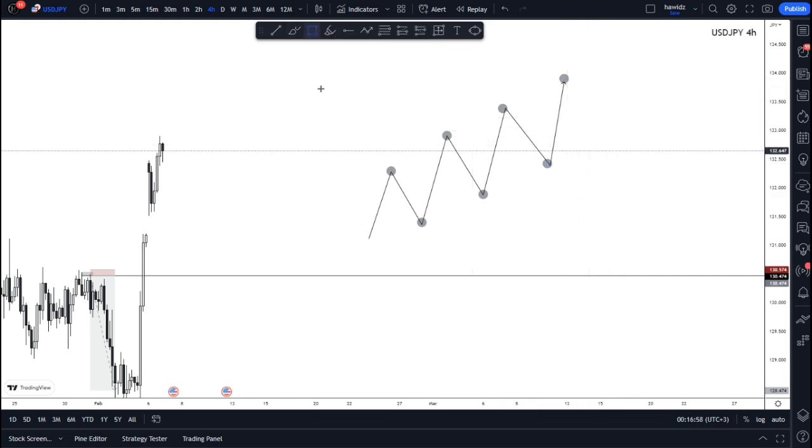From here, this doesn't mean that we as day traders, taking this as a higher time frame, maybe it's the USD JPY on a daily chart, have to wait for all this move to happen, for price to retrace back into a specific area of demand, for us to be able to trade this.